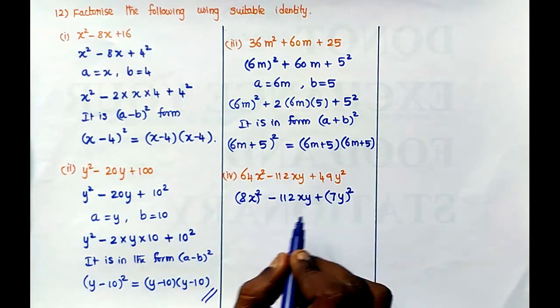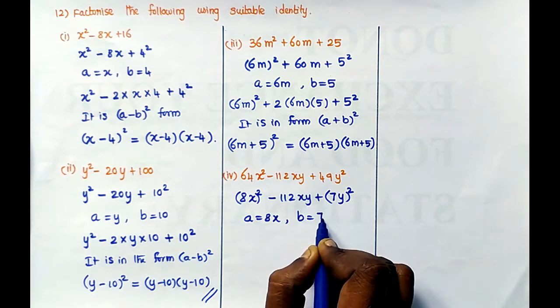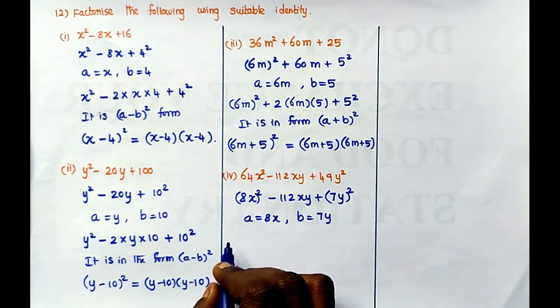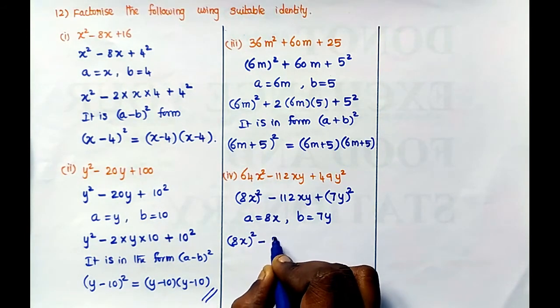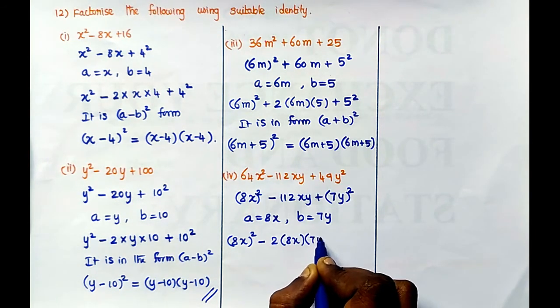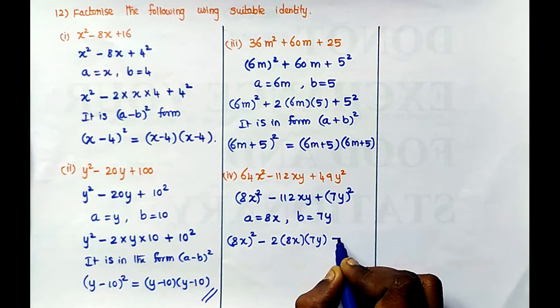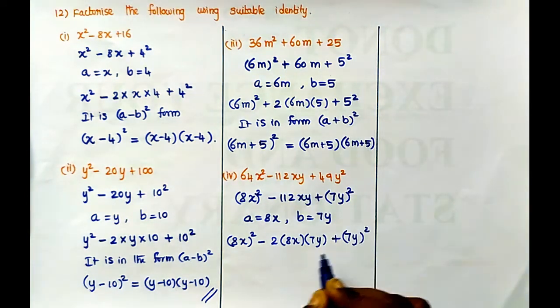Now what is a and b? a equal to 8x, b equal to 7y. How can we write? (8x) whole square minus 2 into 8x into 7y plus (7y) whole square.